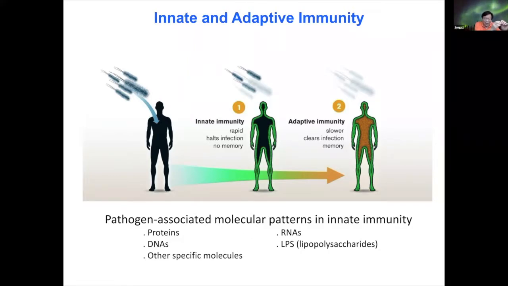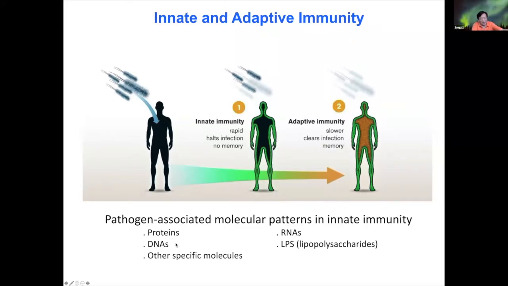The peptides of the spike proteins are not present in our genome, which means that they are pathogen associated molecular patterns. So our cells have this capability to detect this pathogen related molecular signature.